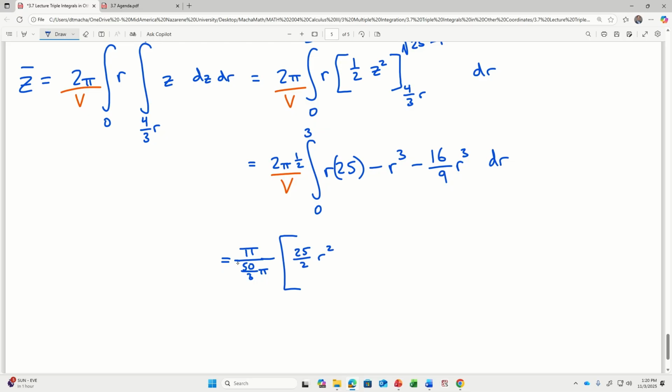And then minus 25/9 r cubed, and then take the antiderivative. So it's going to be like minus 25 over 36. You guys have to double check me and make sure I'm doing this right.